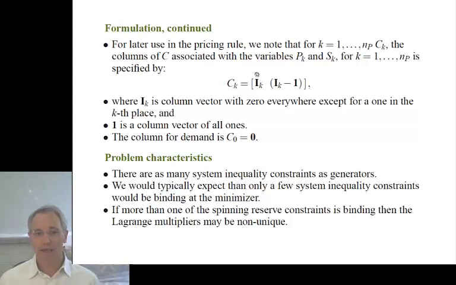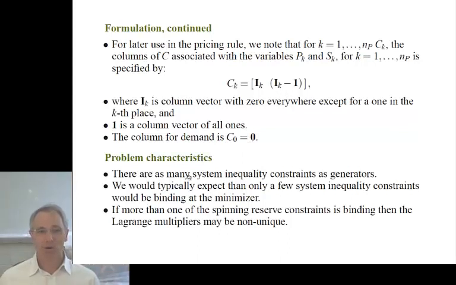So Ck has two vectors in it. The first one is zeros almost everywhere but a 1 in the kth spot, and another vector that's minus 1s almost everywhere but a 0 in the kth spot. Corresponding column for demand is just one column, and it's the 0 vector.